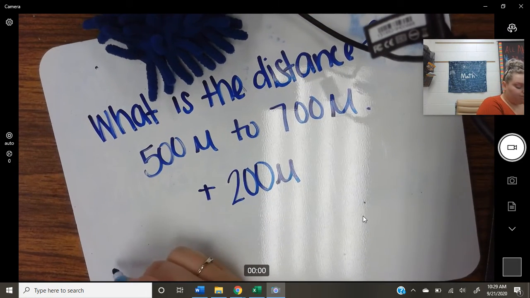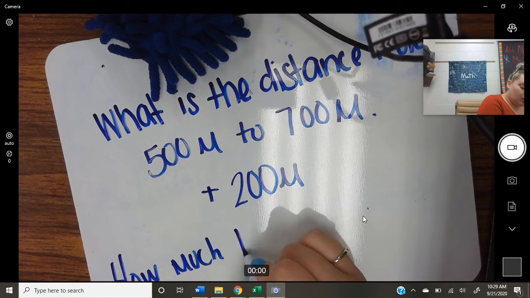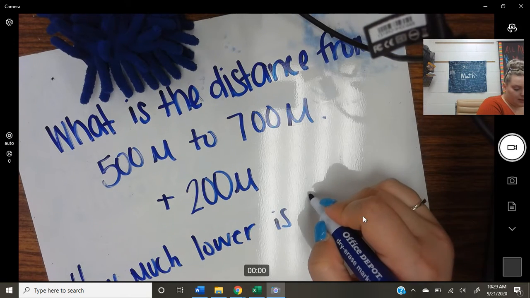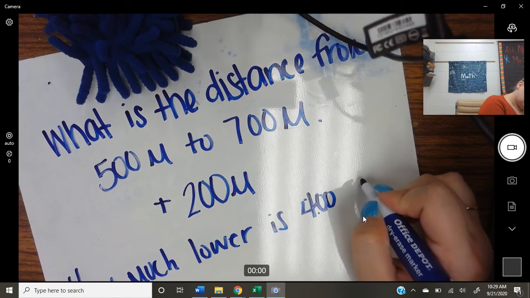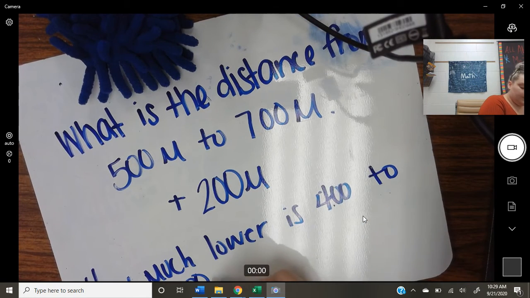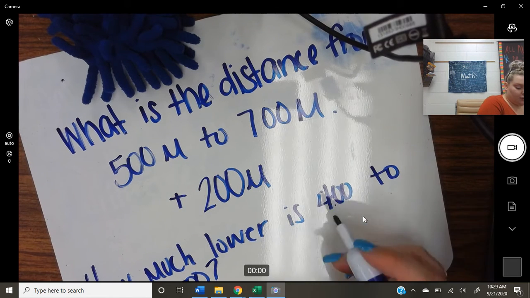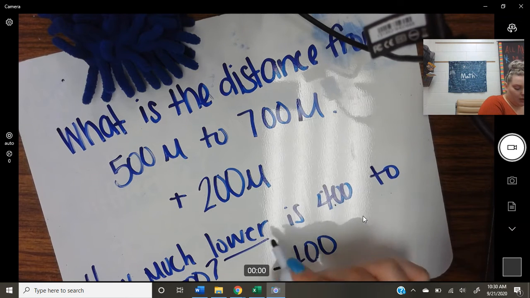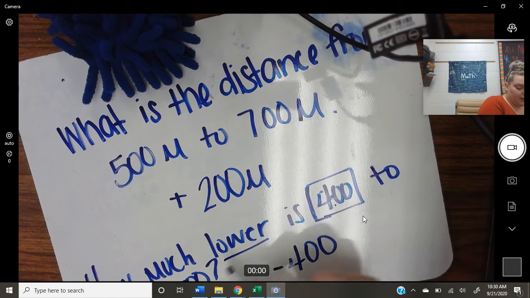Now, if we said, how much lower is 400 to 800? Okay, how much lower? So 400 to 800, we know it's going to be a negative 400, because lower means that this 400 is smaller. So we're going from big to small.